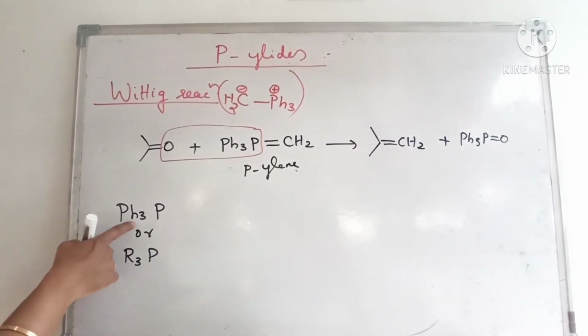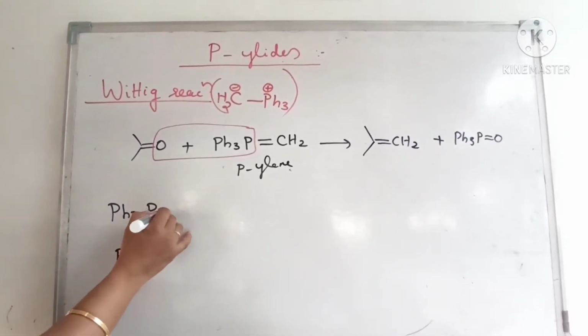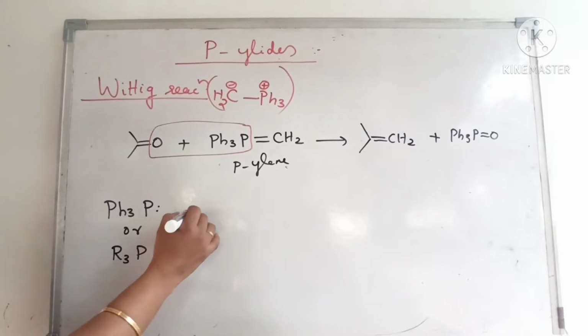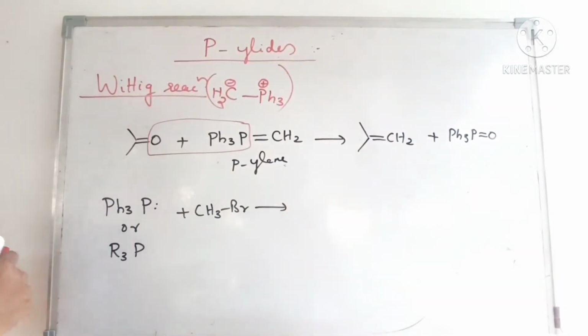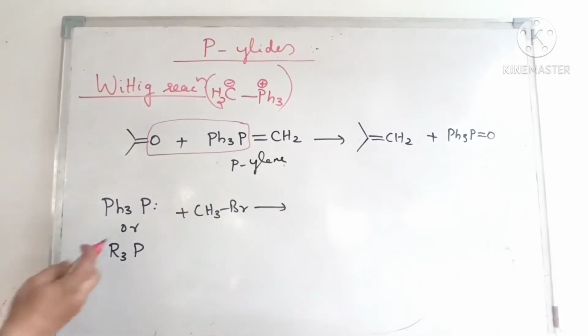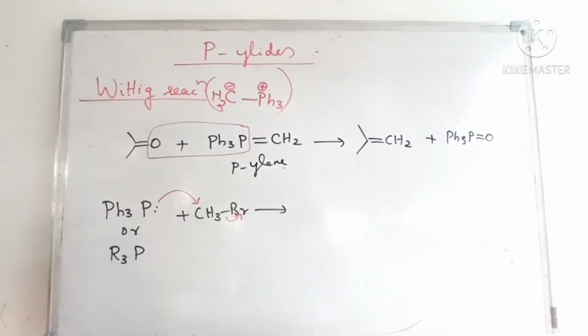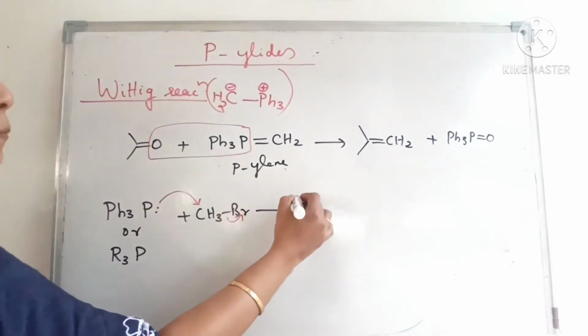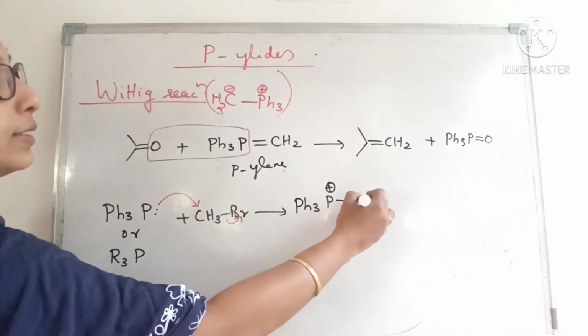Trialkyl phosphine or triaryl phosphine is employed and reacts with the alkyl halide. For example, I am taking methyl bromide. Again it is an SN2 reaction. The phosphorus lone pair attacks here, and bromide is expelled. So what you get is Ph3P plus, then CH3.